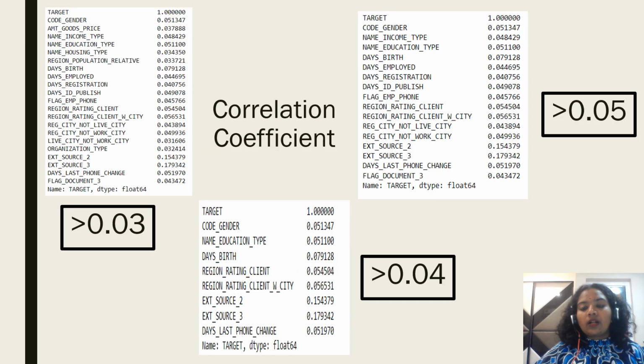Next, this is more on correlation coefficient. I have fixed my threshold to 0.03, 0.04, and 0.05, and all the features which have more than 0.03, more than 0.04, and more than 0.05 are the ones that I will be picking and evaluating to see if they give a better performance model.